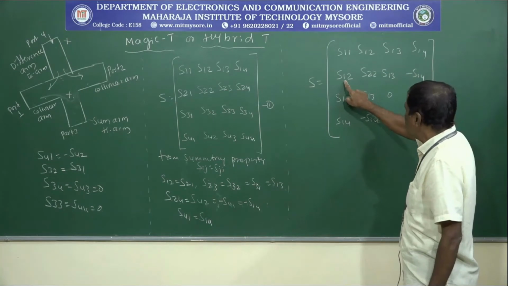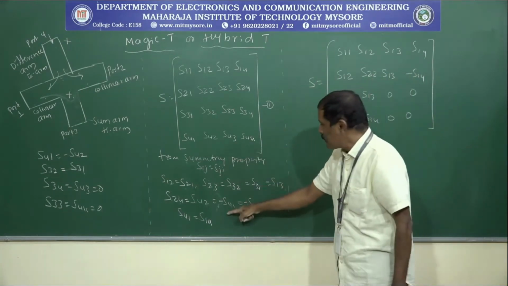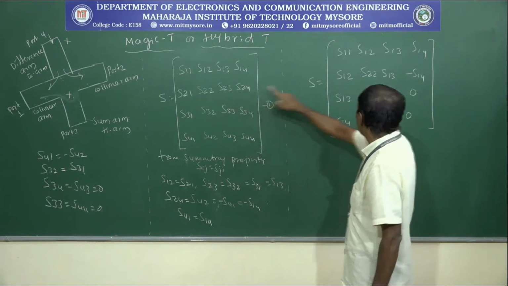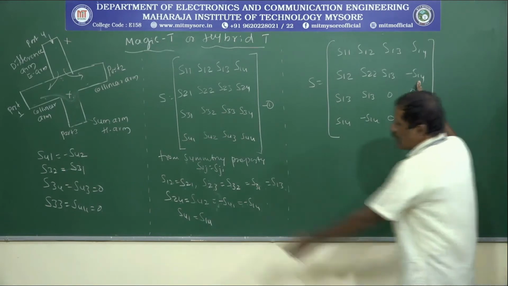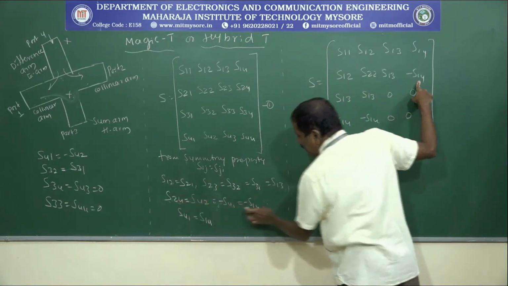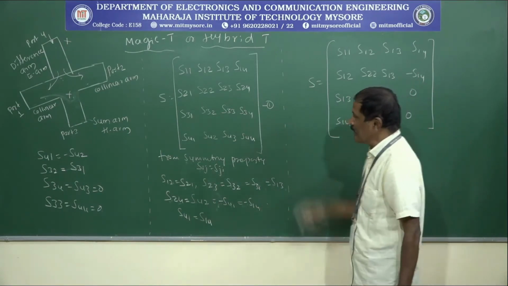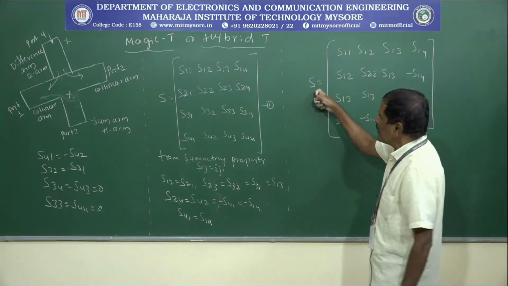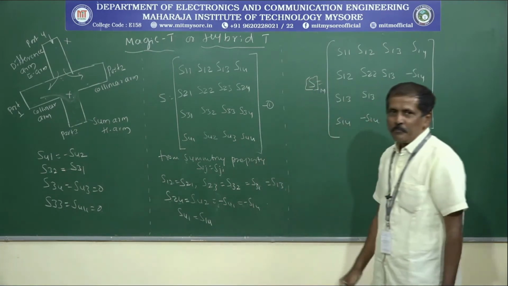Then S12, S22 and S13, because this value is equal to S13. Then S24 has been replaced by minus S14. You can look here, S24 is equal to minus S14. Like this, other terms are replaced, and I get the S matrix for your magic T.